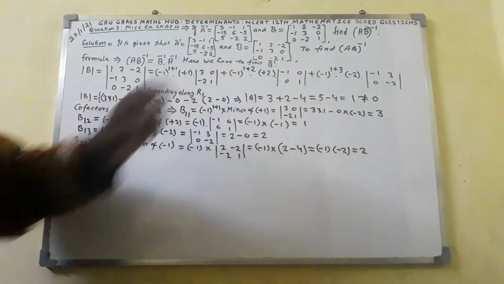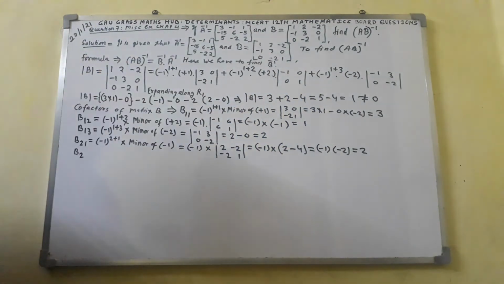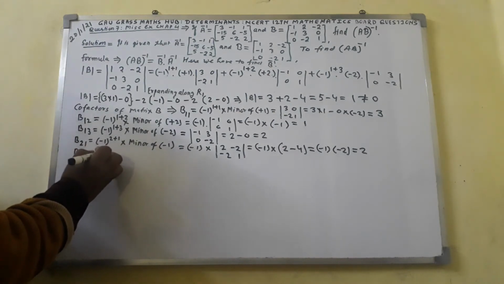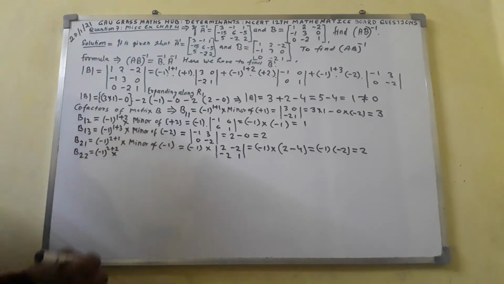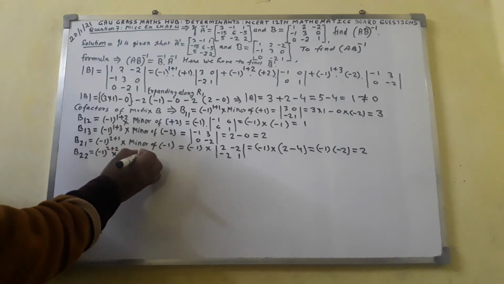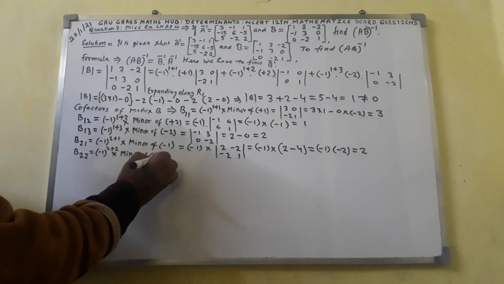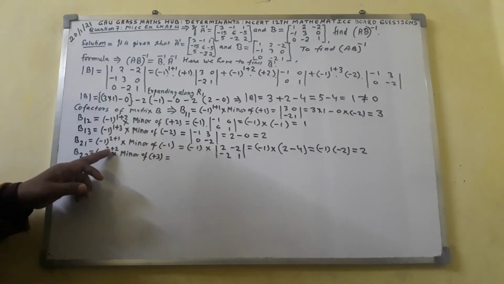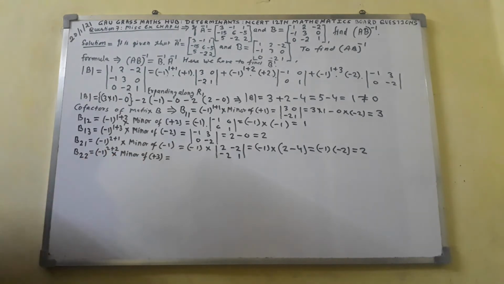For second row I shall write here 2 and for second column I shall write here 2. -1 raised to power 2 plus 2 into minor of element plus 3. This will become -1 raised to power 4 comes out here 1 and minor of element plus 3.